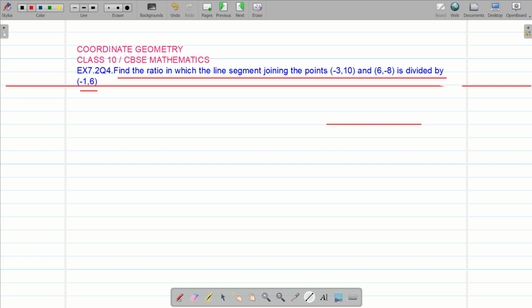Let us take the points as A, B and C. A is -3, 10. B is -1, 6. C is 6, -8.